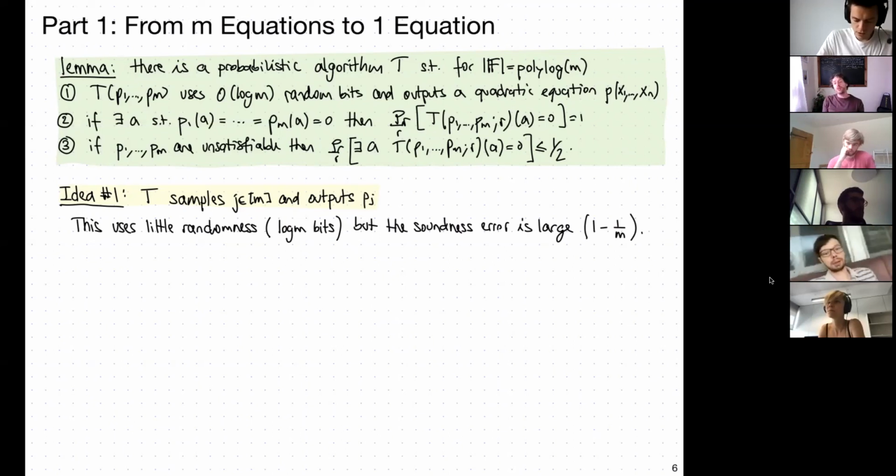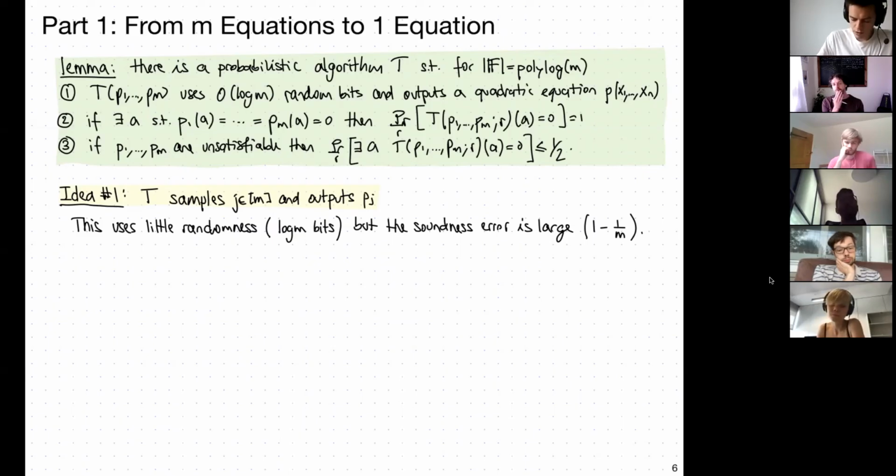Because we are not fine with exponential length anymore and we want everything to be of polynomial length, we'll really try to save on randomness, which in turn will translate to short proof length, which is what we're trying to get. So any second idea of what we can do?